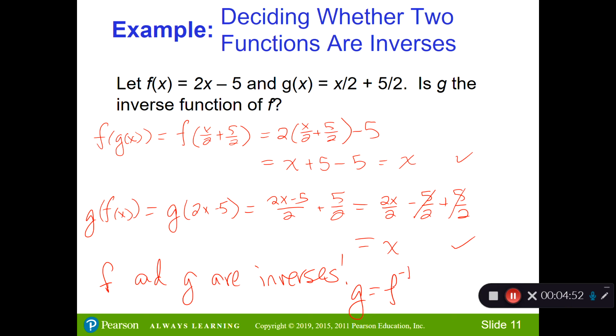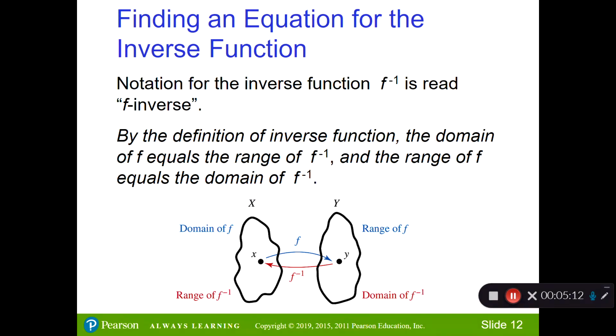And our notation for the inverse is a superscript of a negative 1. Now don't confuse this with the exponent. If I write 5 to the negative 1, that means 1 over 5. But f inverse applied to a function does not mean a reciprocal. It means an inverse. All right, so that's our notation, f inverse.